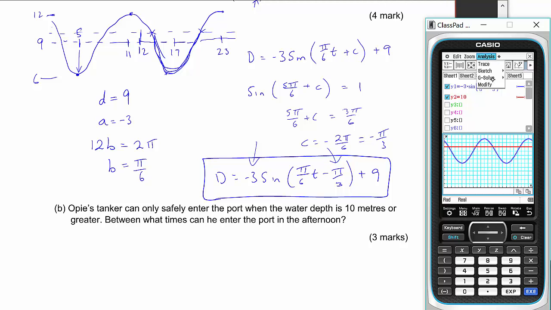So now let's just G-solve intersection. So I'm going to want that one there, which is 13.35. And next one over, which is 20.65.